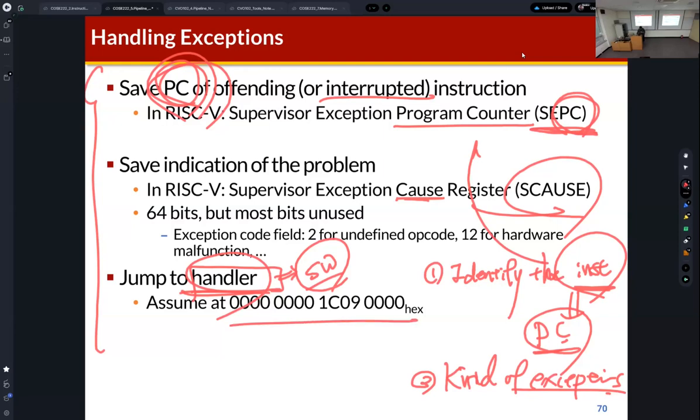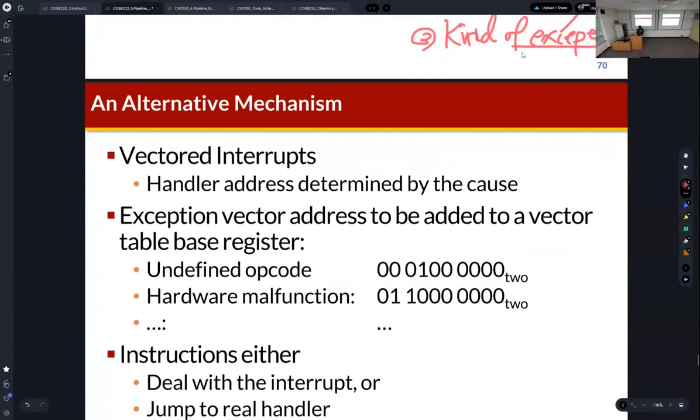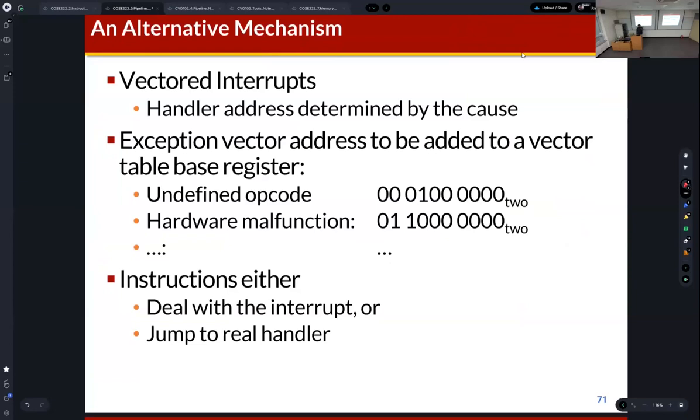As you can see, this is a jump. That's why an exception is very similar to a jump instruction. Actually, the processor jumps to the program counter of the exception handler. Sometimes we can use vector interrupts, which means that interrupts are caused by I/O devices.